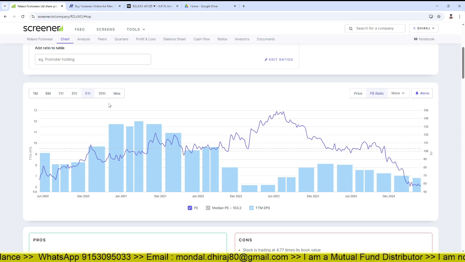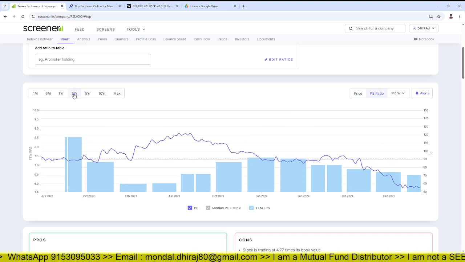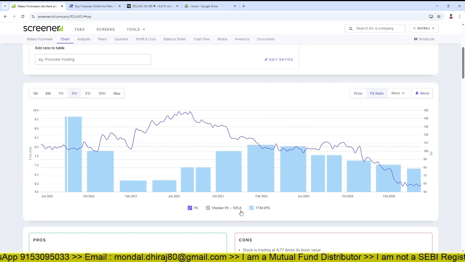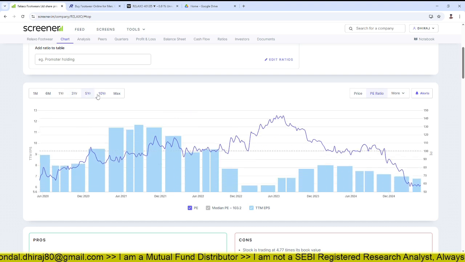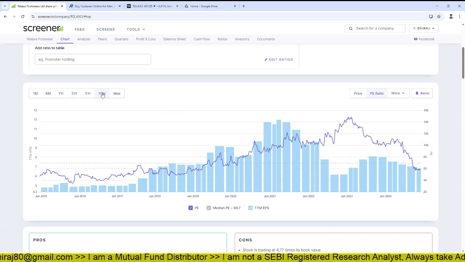And if I observe the 3-year median PE, this is 105.8, and right now the company is trading at 58.8 PE. So it is below the 3-year median PE, the 5-year median PE, and also the 10-year median PE. So the company is trading at a discount price.